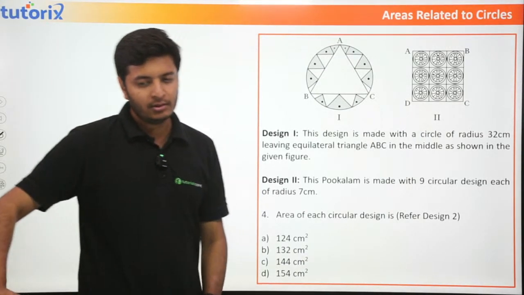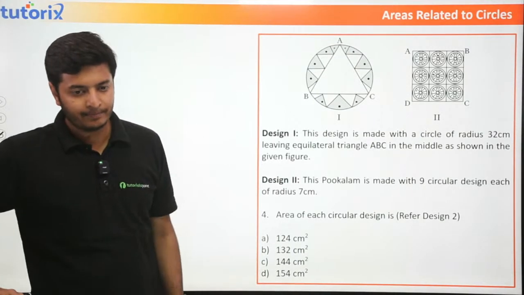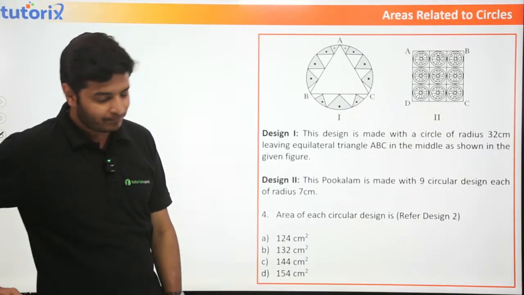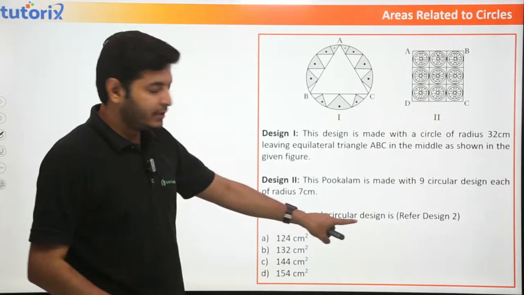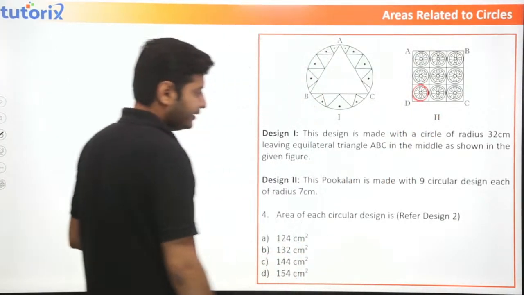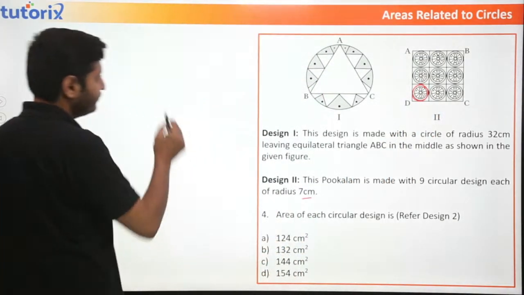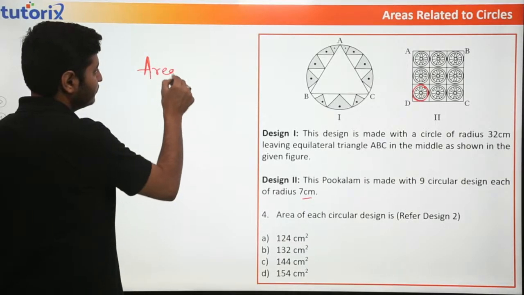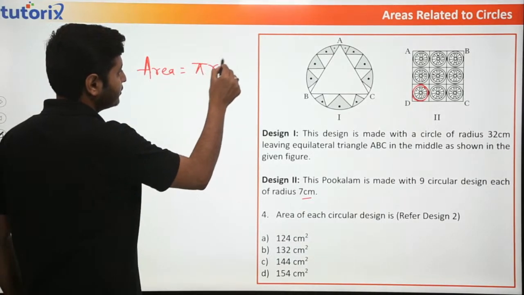I think incorrect this time, Adya. Okay, let's see. Area of each circular design, each one of them. What is the radius? 7 centimeter. So area of circle is pi r square.